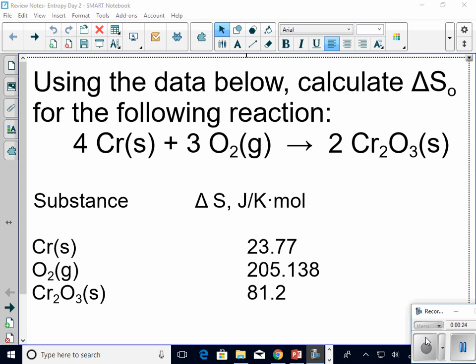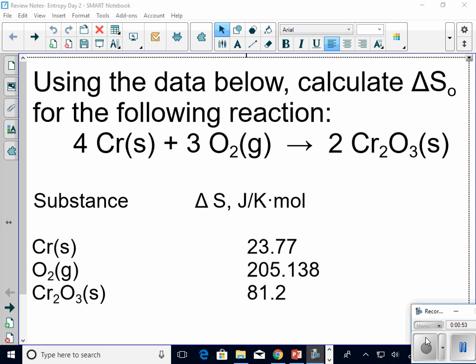Most of the time, we're going to use our thermodynamic data table, so go ahead and take it out. For this particular one, we will not use it. Why? Because we are given values for entropy with the problem. So we are going to be using the values that we have been given.